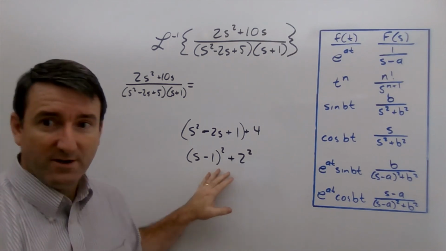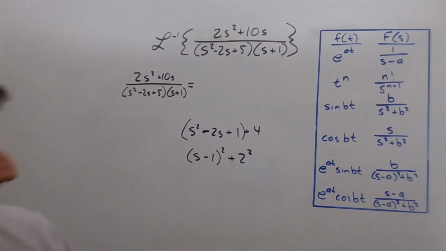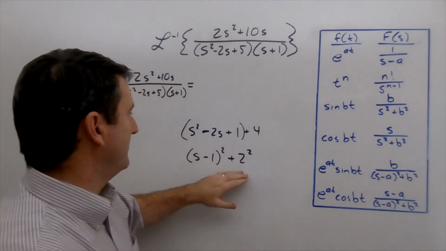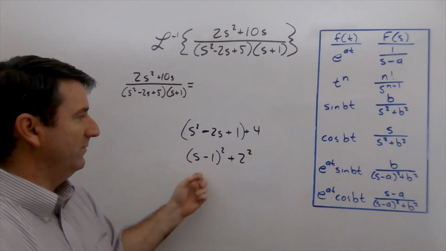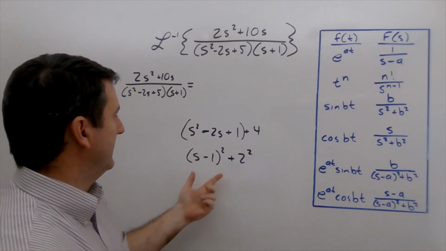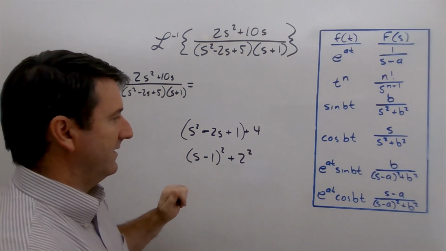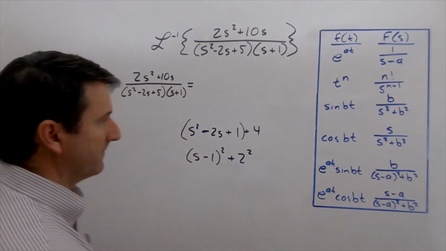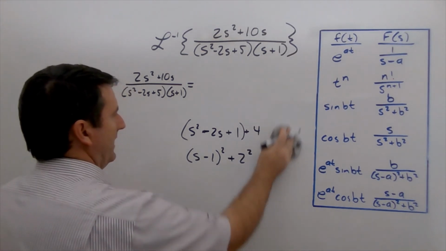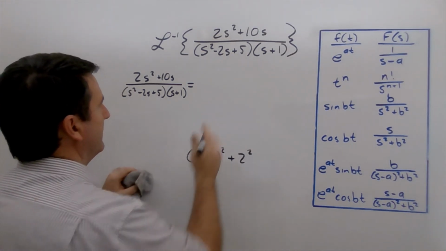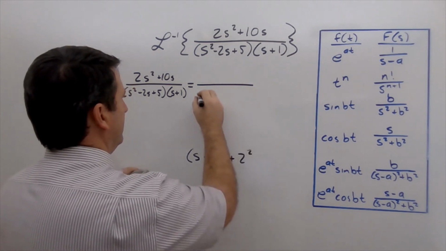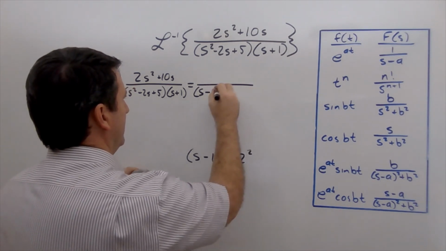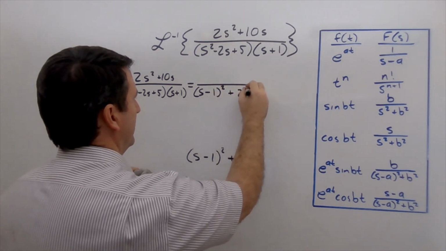And we saw in examples from the last lesson that we really like this format because it looks a lot like these down here. Okay, so this is going to be our denominator here, s minus 1 squared plus 2 squared.